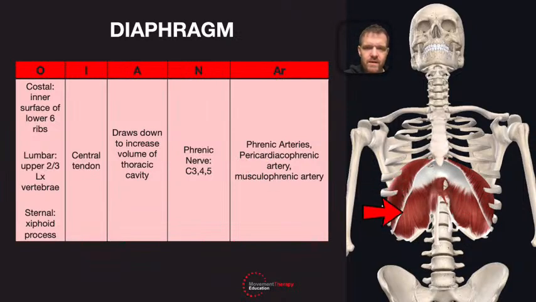So it's a kind of a separation between the chest cavity and the abdominal cavity, and the separation is the diaphragm. But there are tubes that need to get from the top part of your body down to the bottom part of your body, and then back up again as well.